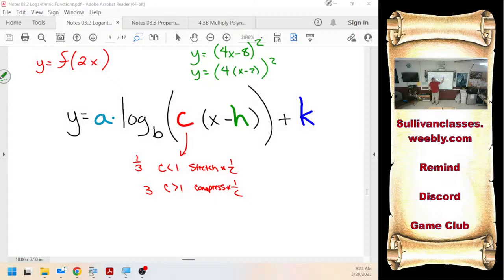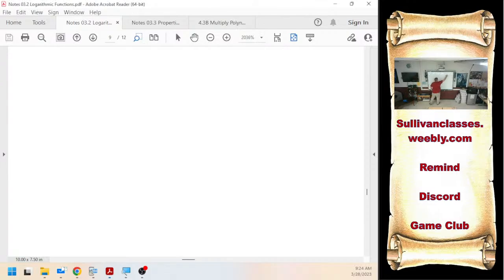And now 4 squared is 16. So I'd turn that into this. Those values can be turned into A values. That's why we didn't see them very often in Algebra 2. So all of the transformation stuff is the same.